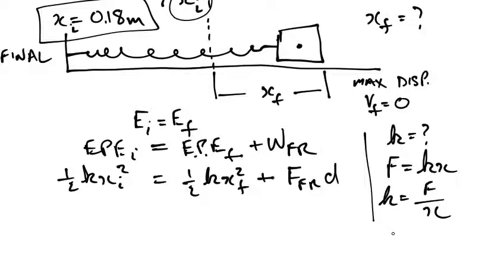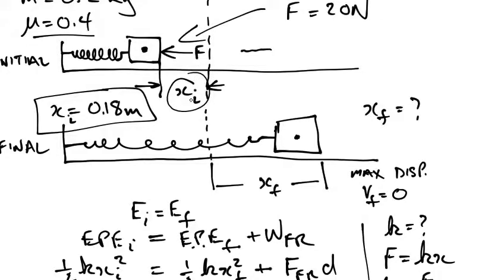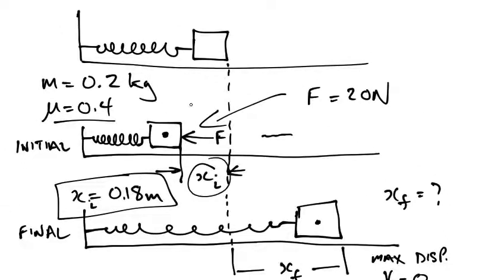Isn't force of friction applied here? No, not in this situation, because the question was, in this determination of the spring constant, is there any force of friction? Well, force of friction is a reactive force.